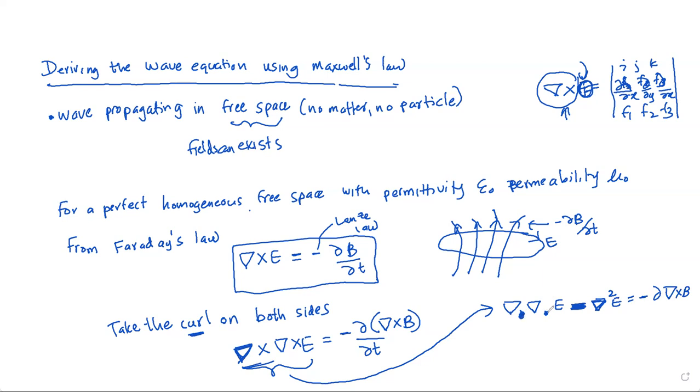It is the dot product actually, I think. We can convert this cross product expression into a dot product minus the Laplacian of the electric field. So this dot is actually the dot product.